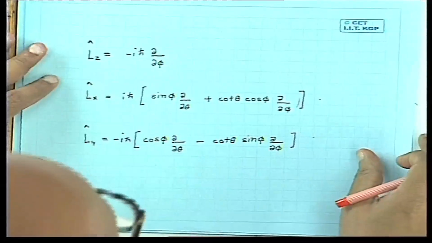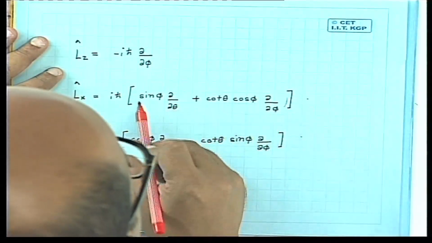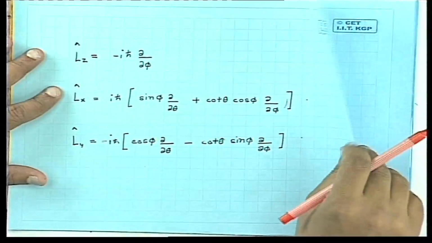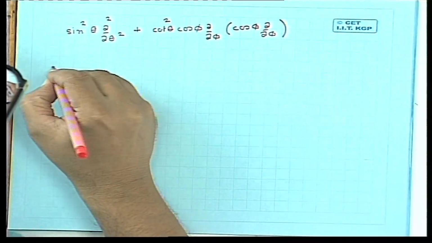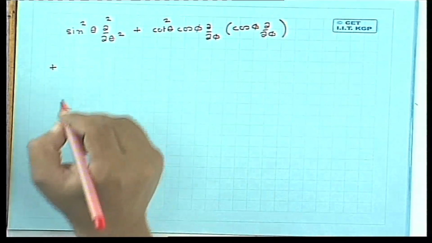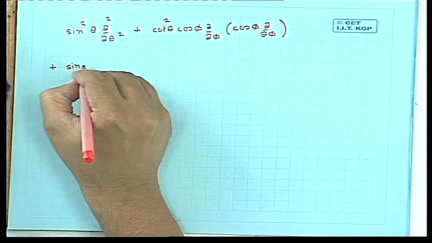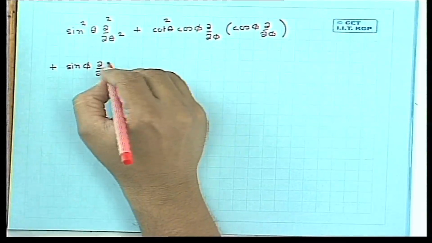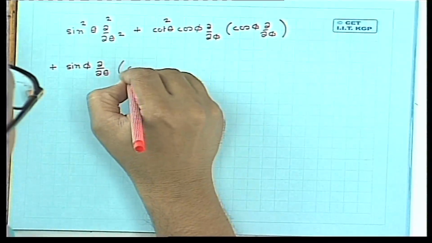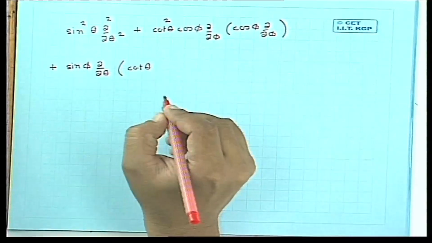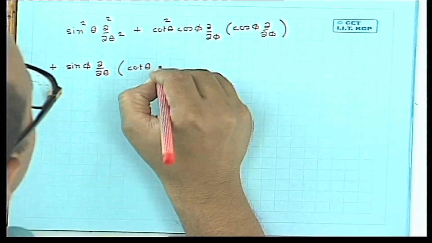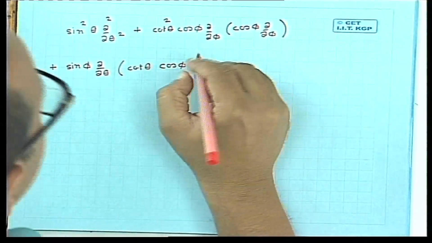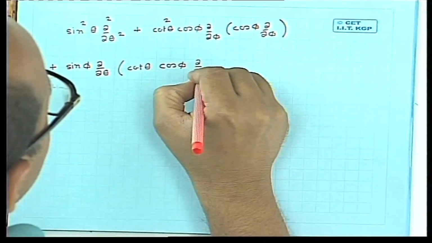In the cross terms, we have to bear in mind that del by del phi can act on this sin phi, and del by del theta can act on this cot theta. So there will be two cross terms. The first cross term will be sin phi del by del theta, and then we have cot theta into cos phi, which can go outside anyway, but let us keep it here now, cos phi del by del phi.